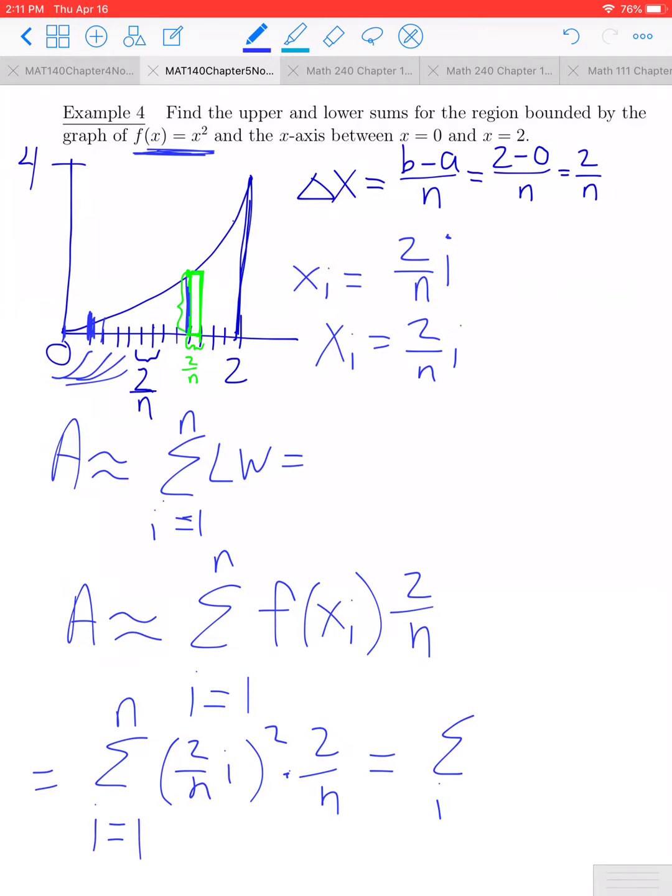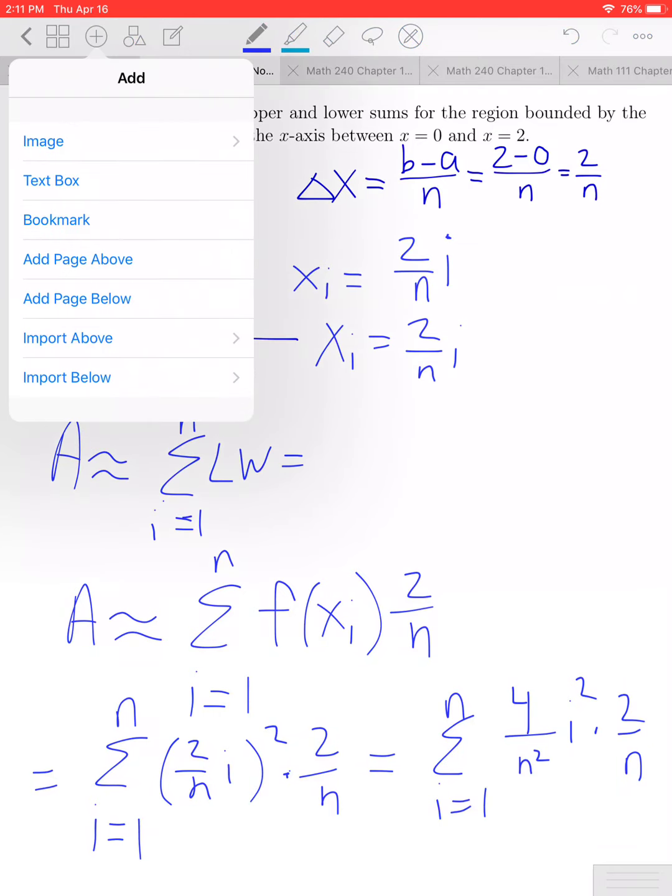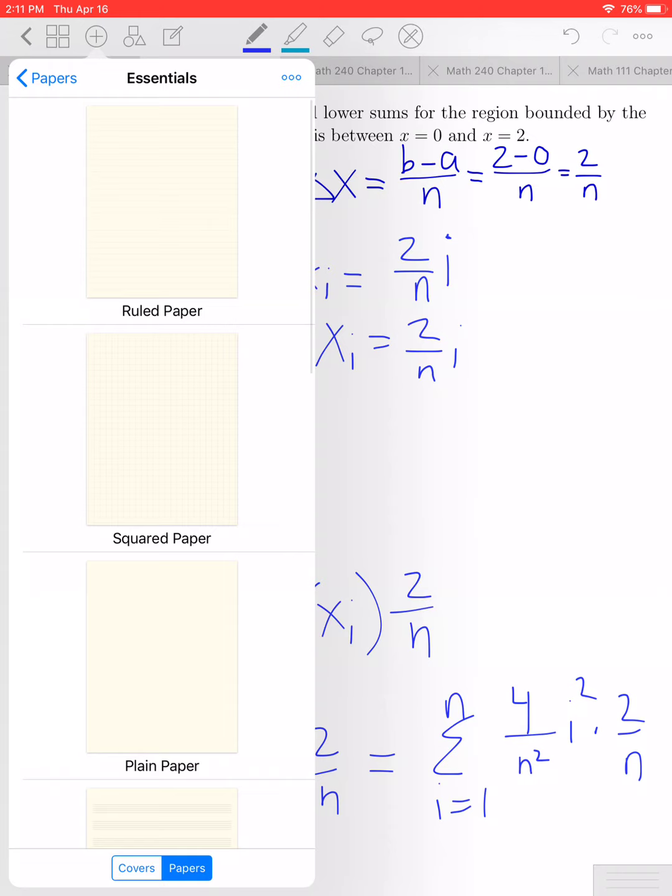This is the sum from i equals 1 to n of 4 over n squared times i squared times 2 over n, which is the sum from i equals 1 to n of, what did we have there?